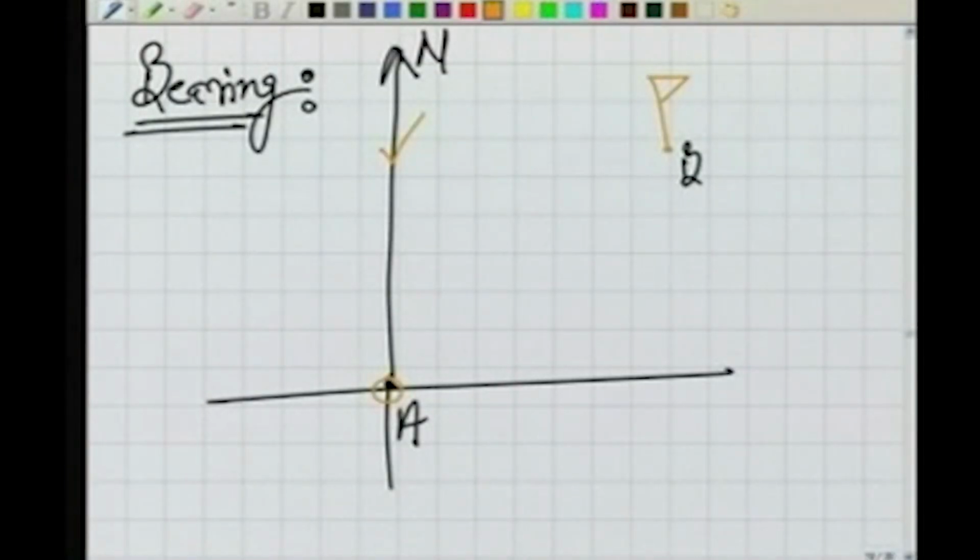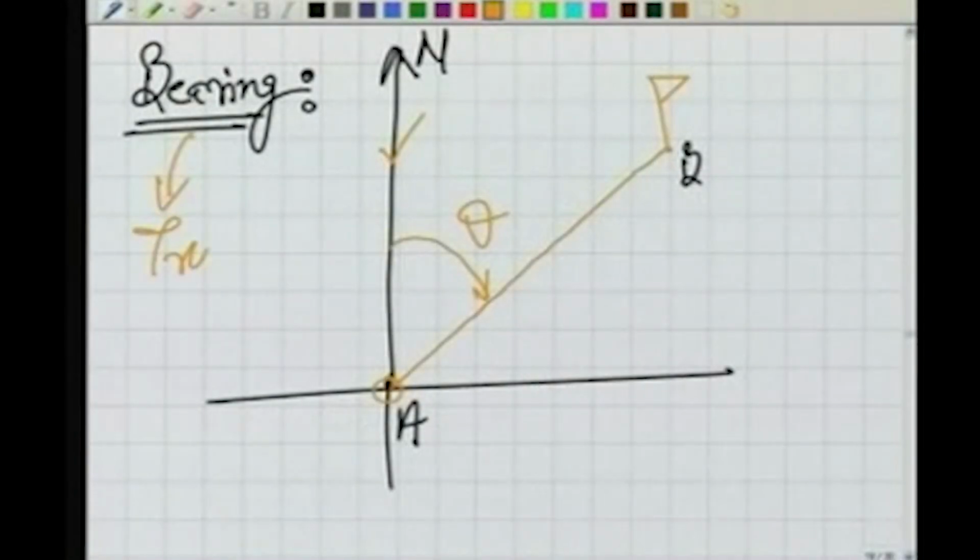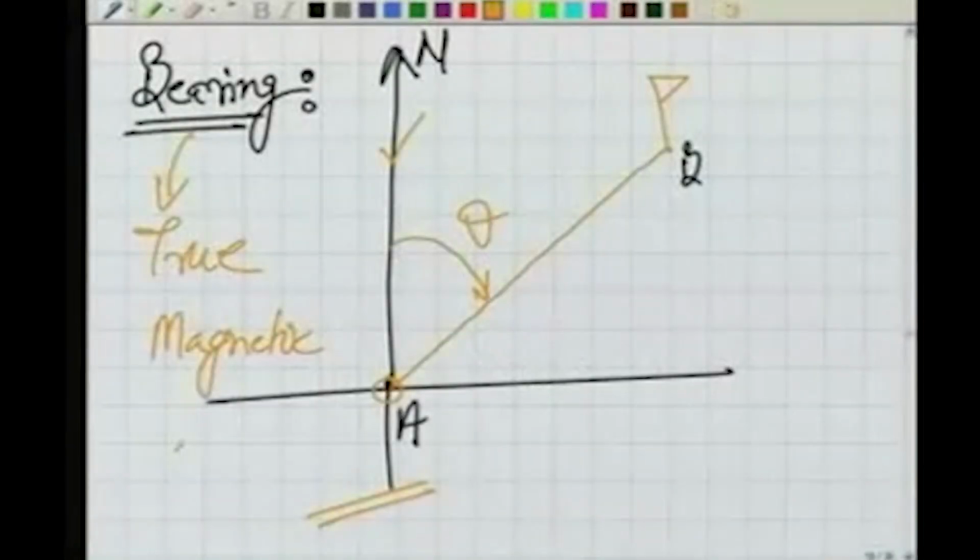So what is the meaning of that? The bearing means this angle theta. So we are using this reference. The bearing could be true, magnetic or arbitrary, depending on what meridian we are using. So that's the meaning of the bearing.